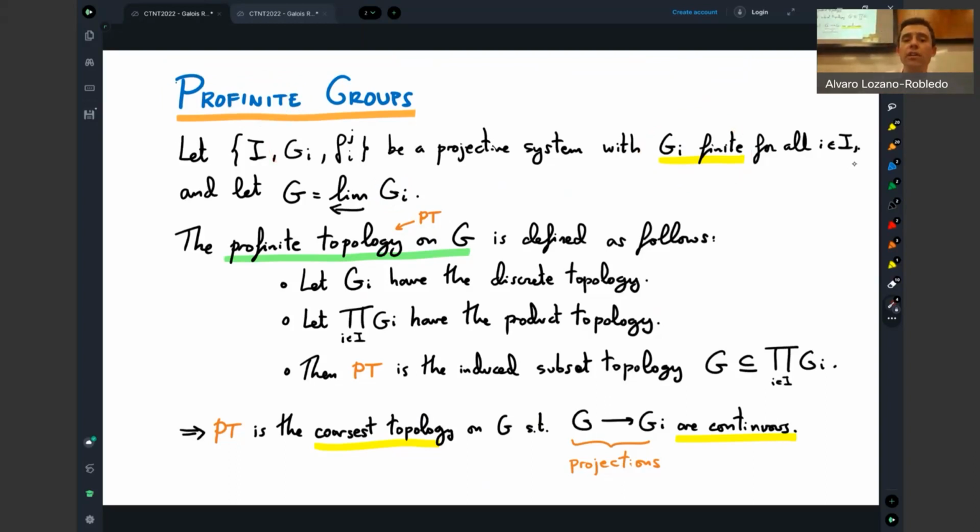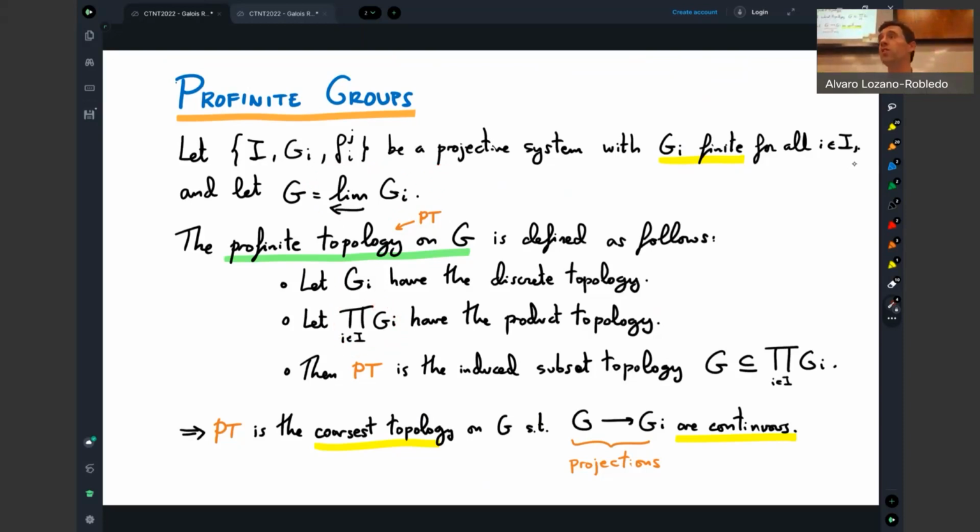So since it's a finite group, what topology are you going to put on that? Don't do something crazy. Just do the discrete topology. Every subset is open. So the G_i will have the discrete topology. The inverse limit is a subgroup of the product group. So put in the product group, naturally, the product topology.